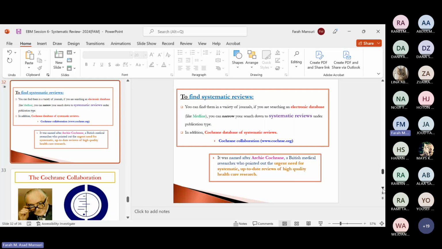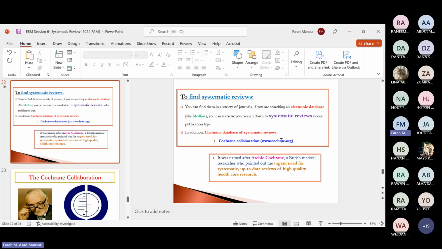Then how can you find out the systematic reviews? You can search through any database, Medline or PubMed or any other like Science Direct, but the specific one is the Cochrane database of systematic reviews.